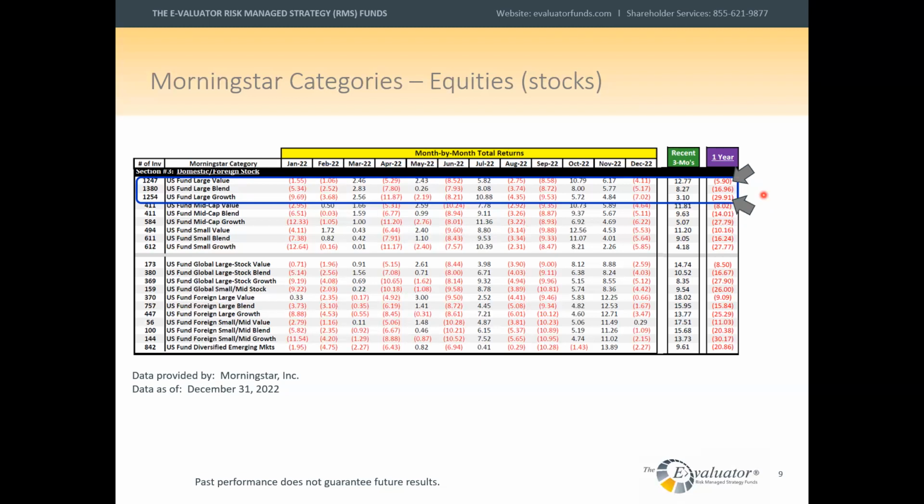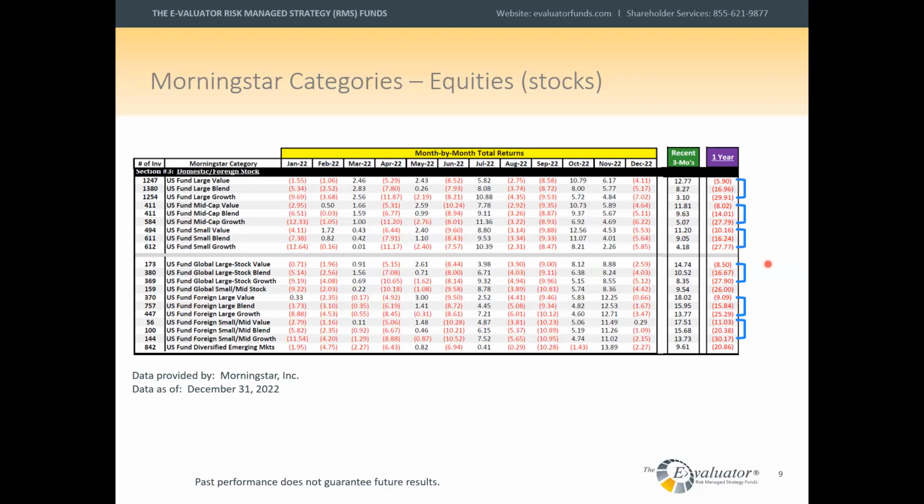Large cap growth was down almost 30%. In fact, if you looked at every type of security, large, mid, small, domestic, global, or foreign, in every one of those instances, value style management performed better than growth style management throughout 2022.